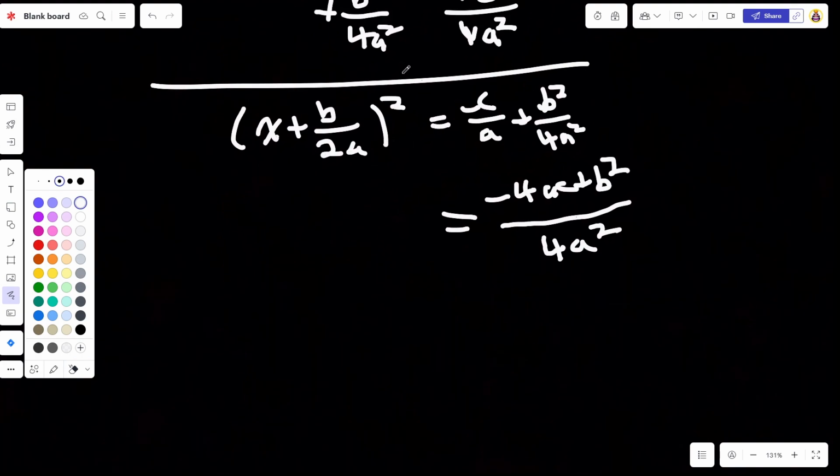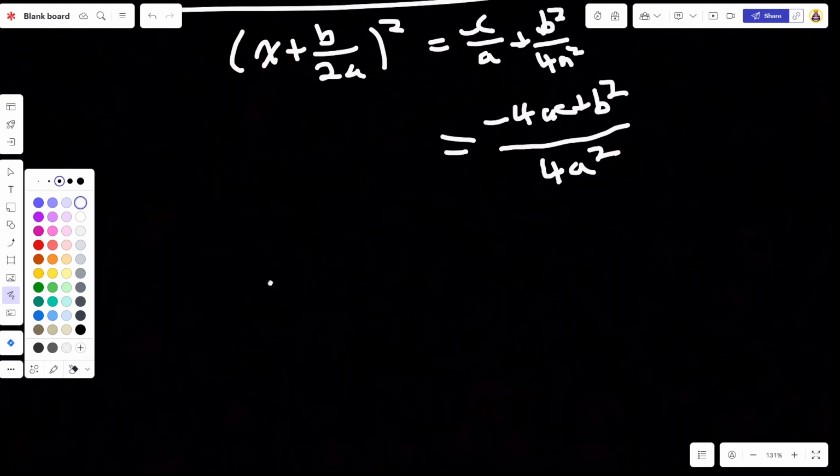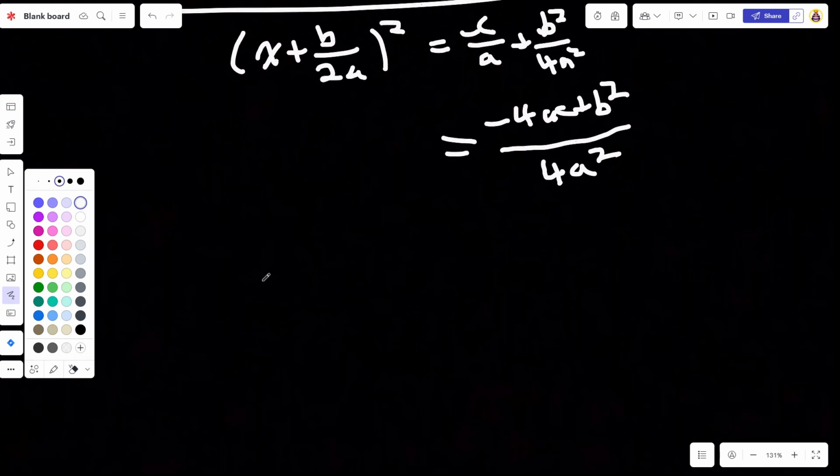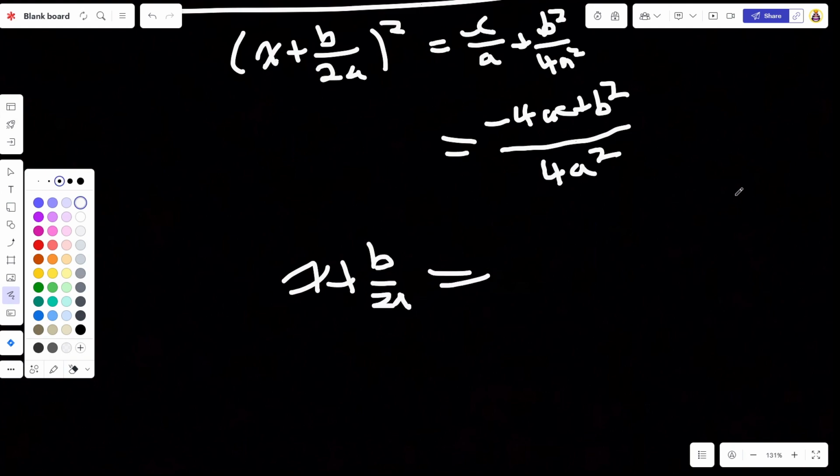And then we're just going to take the square root of both sides to get rid of the squared. So by taking a square root of both sides, we're going to turn this left side into x, and x plus b over 2a is equal to the square root of this.